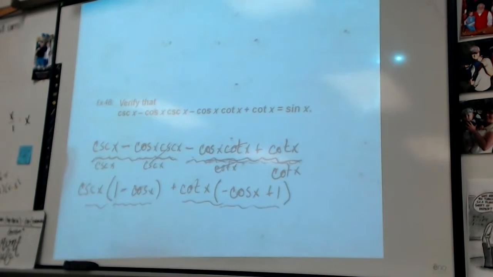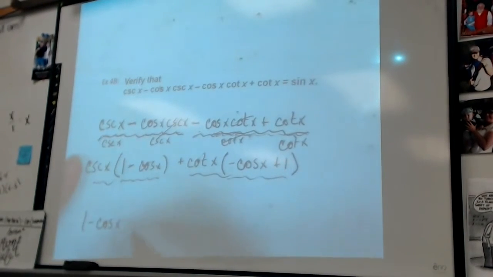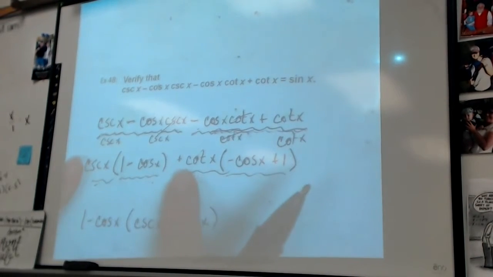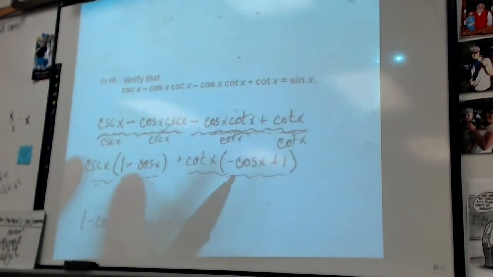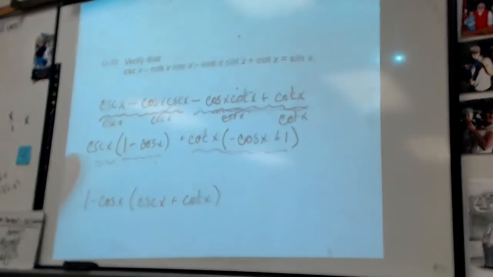So, we're going to factor out a 1 minus cosine x. It's not going to be gone, it's right here. What do we have left in this term? Cosecant x. What do we have left in this term? Cotangent x. If you'd factored out a negative here, you would have ended up with cosine x minus 1, which is different than that, so you would have had to rework it. All right, so now what do I do?